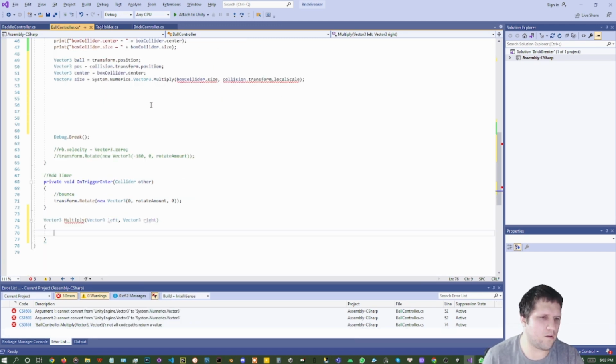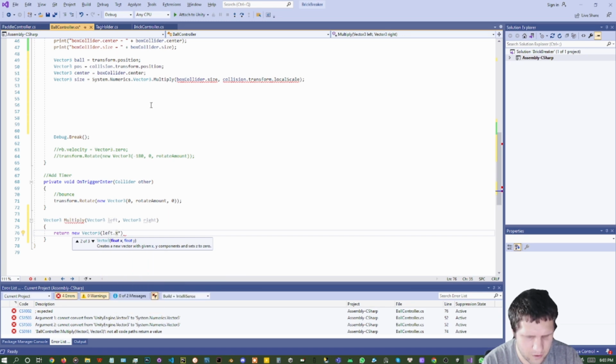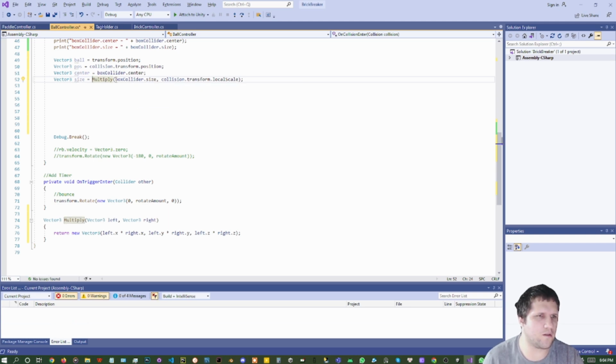Okay, and it's going to return a new vector 3 of left dot x times right dot x, left dot y times right dot y, left dot z times right dot z. Okay. And then let's just destroy all of that, and there we go. So our size is our size times our local scale.